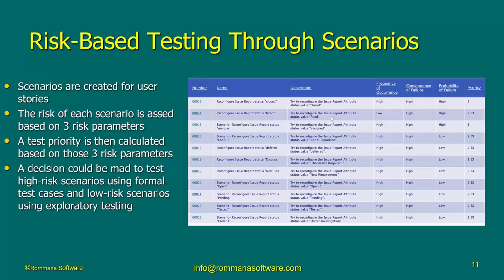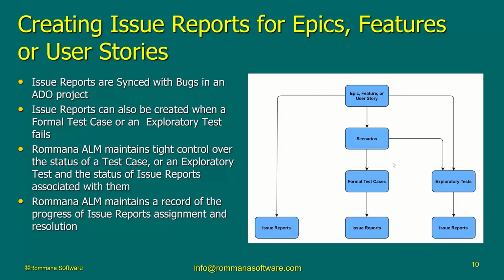And that's why, if you remember, I'm going to go back here to those scenarios that have lower priority. Go here and we write an exploratory test case for them. And keep in mind also, you can write exploratory test cases for epics or user stories. So you don't even have to write scenarios in order to do exploratory test cases.